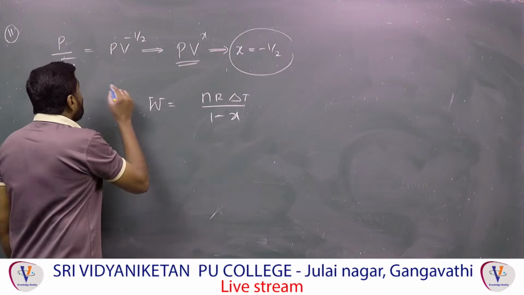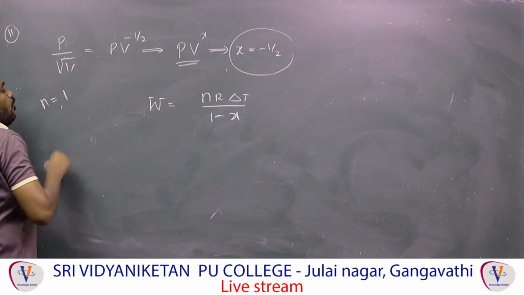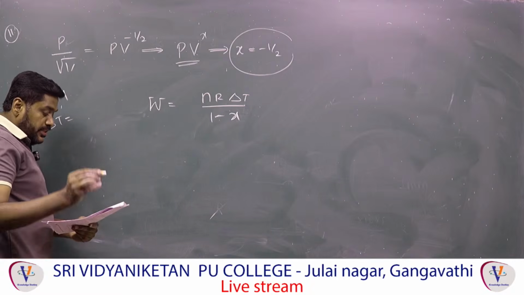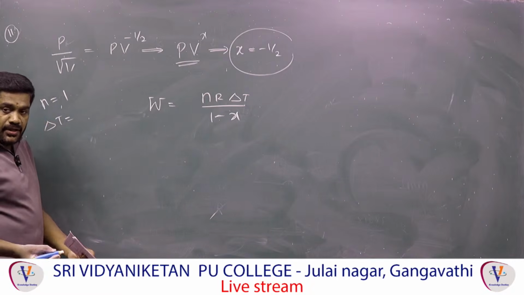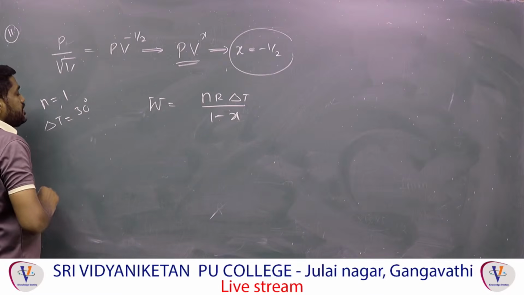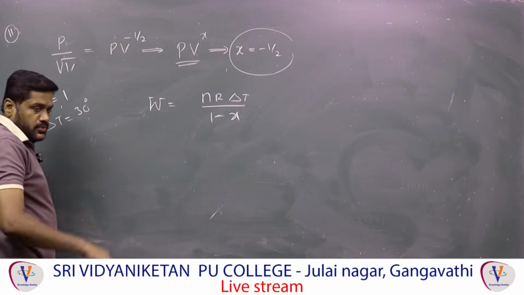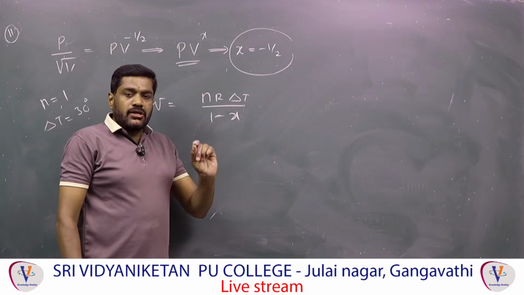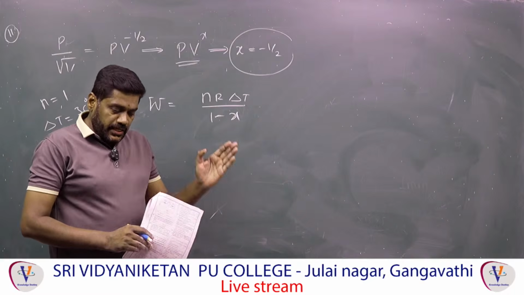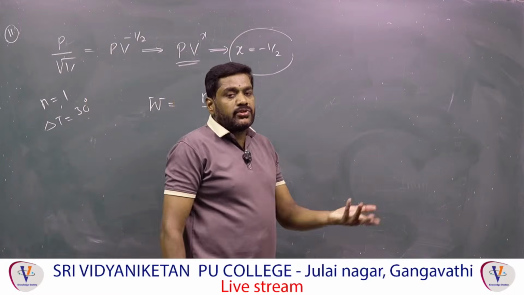The other value, n, is equal to 1, and delta T is given. When the temperature of the gas changes by, not initial, not final, delta T is equal to 30 degrees. Delta T should be expressed in Kelvin, but the change in temperature in degrees Celsius and Kelvin are the same.